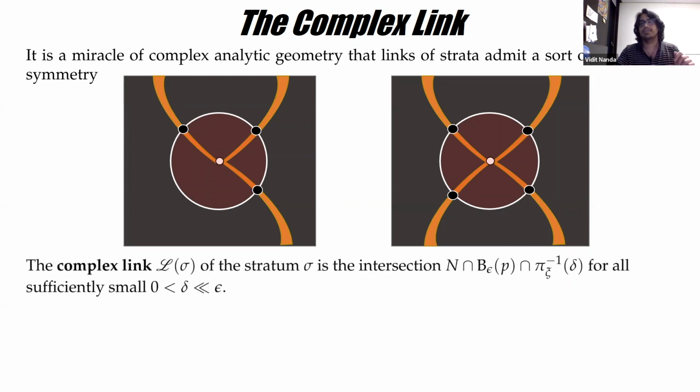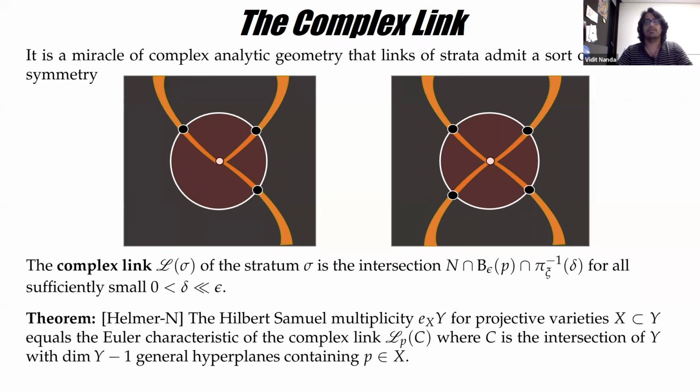What this means is that if you took exactly the intersection that was defining the link, but instead of looking at the boundary of the ball, you looked at the entire ball and then cut at a hyperplane that just misses P, you would get a well-defined space. This is called a complex link, and it's used to define things like nearby cycles, but I'm not going to get into that.